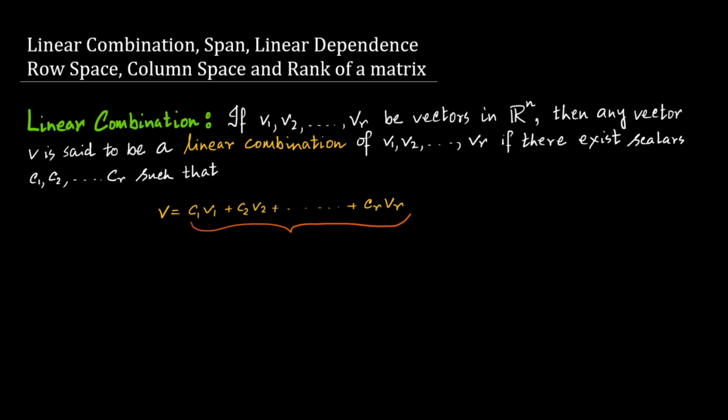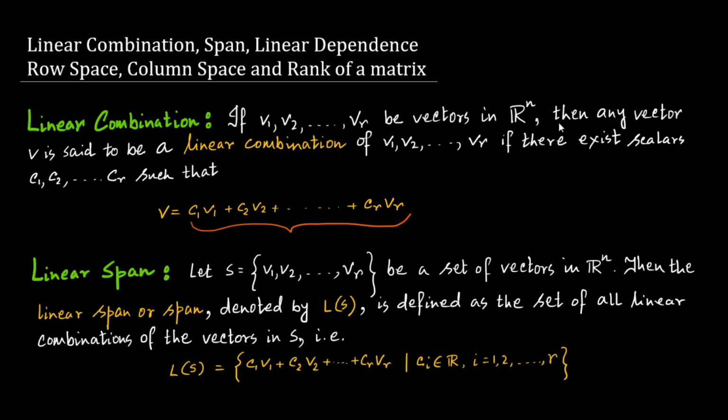cr are constants. Now, you can understand that for different values of c1, c2, cr, means these constants, we will get different vectors as linear combination of these r vectors v1, v2, etc. vr. The set of all such vectors is known as linear span, or span of these r vectors v1, v2, etc. vr. Formally speaking, let S equal v1, v2, etc. vr be a set of r vectors in Rn.